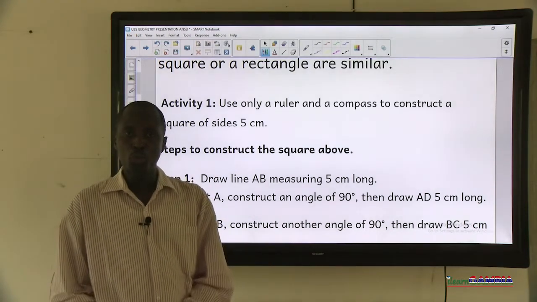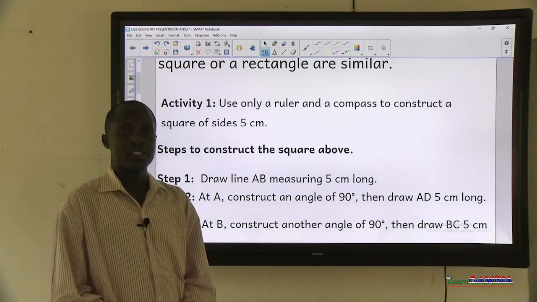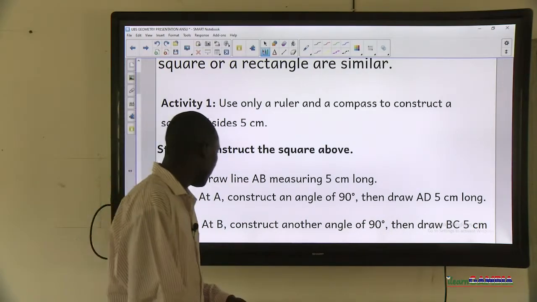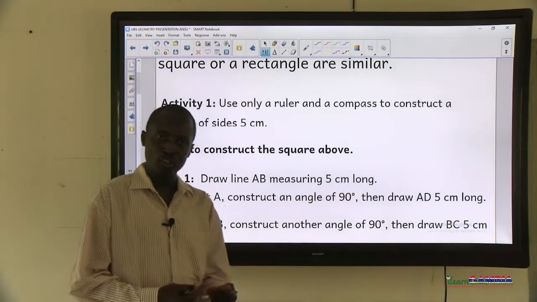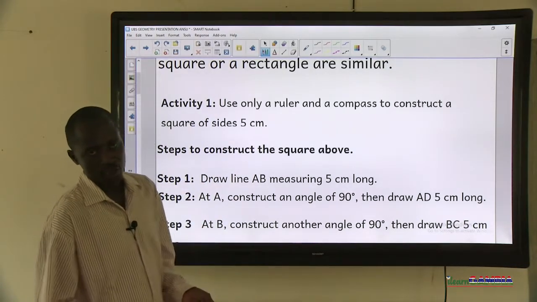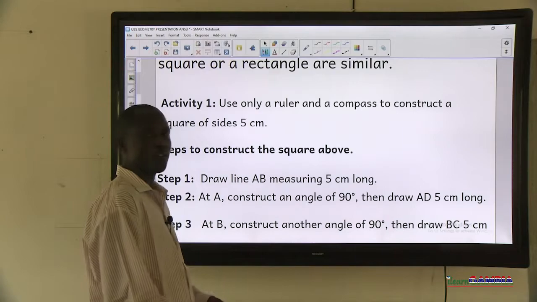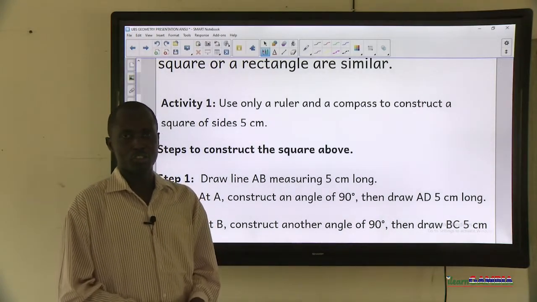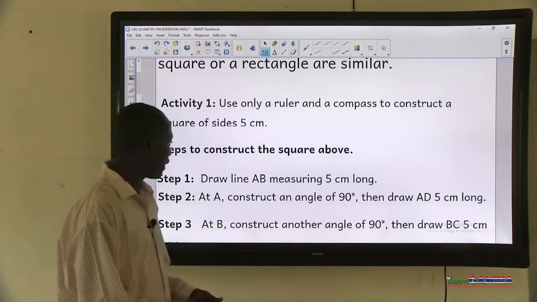We also know that one property of a square is that the angles formed are 90 degrees. And we have already done construction of perpendicular lines, or construction of 90 degrees. So we will use our skills in those constructions to be able to construct this.